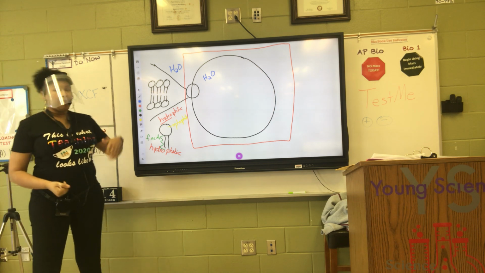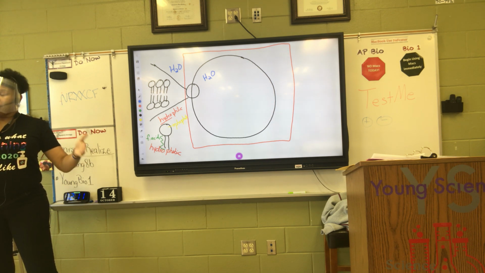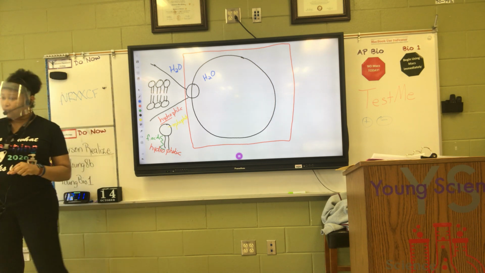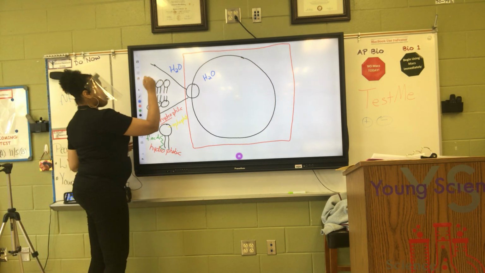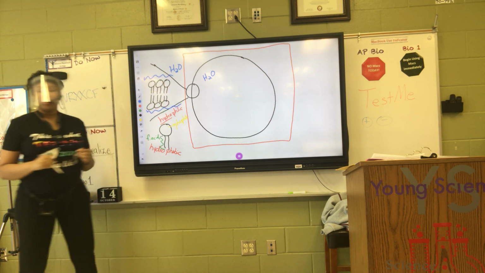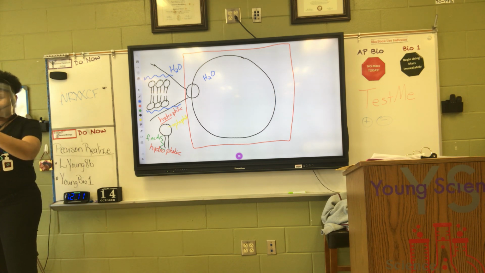And the job of the phospholipid is to separate the inside of the cell from the outside. The phospholipid has a problem because only half of that molecule wants to come in contact with water. So to solve this problem, it arranges in what's called a bilayer, two layers.